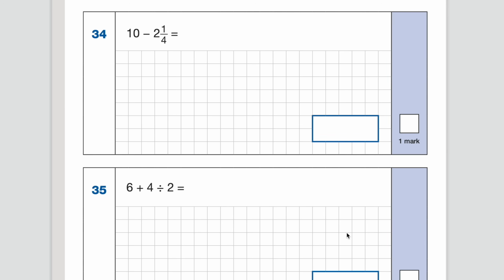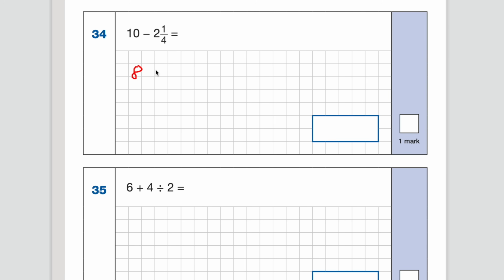Right, we're on the last few questions. So what do we need to do here? 10 subtract 2 and a quarter. What I would do in this case is, rather than changing this into different fractions, I would do, what is 10 subtract 2? 10 subtract 2 is 8. Now, we just need to take a quarter off, and you should know there are 4 quarters in a whole.